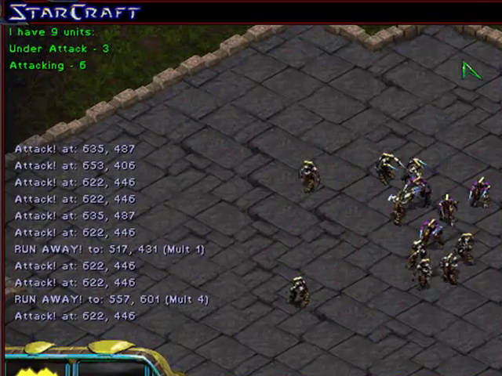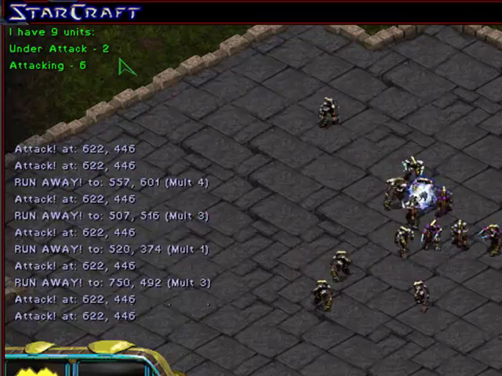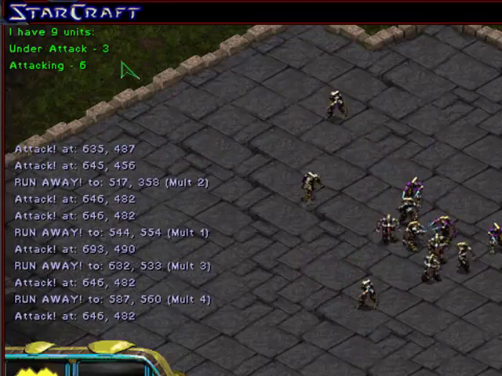In the top left-hand corner of the screen, you'll also notice that we have how many units are remaining, how many units are under attack, and how many units are attacking.